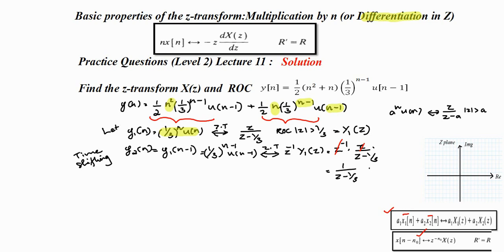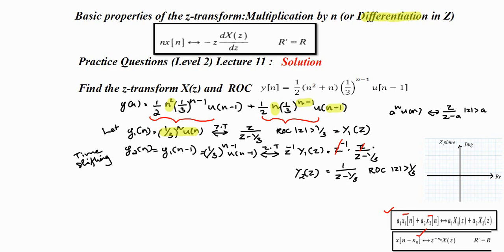Here you can see the ROC will be the same, modulus of z greater than 1 by 3, because there is no importance for z raised to minus 1, it will cancel with the numerator. So this is actually y2 of z. Now we got the z transform of this much portion.